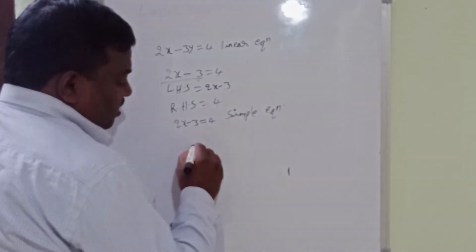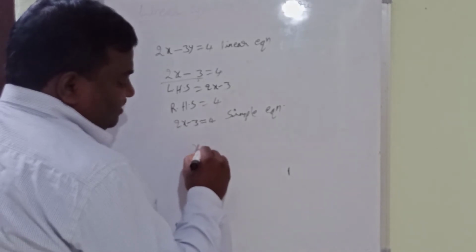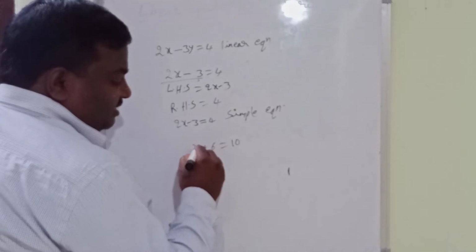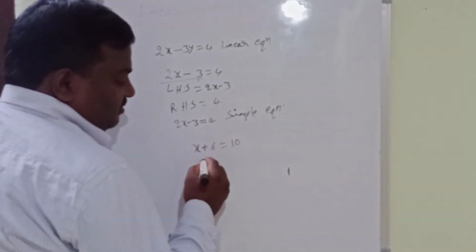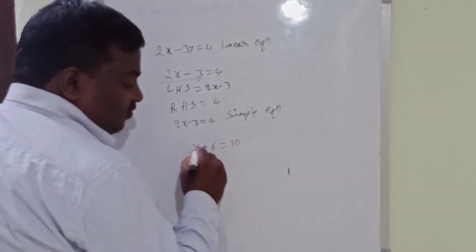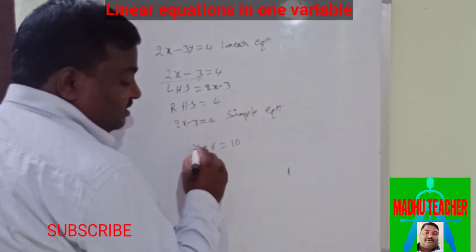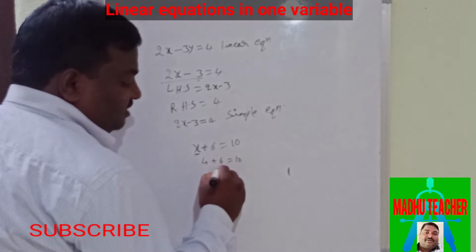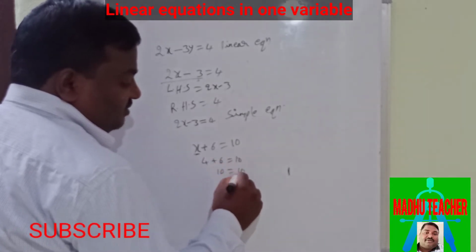Suppose I have x plus 6 equal to 10. By writing 4 in place of x, we get 4 plus 6 equal to 10. That is, 4 plus 6 is 10, equal to 10.